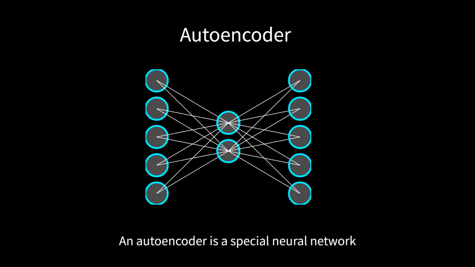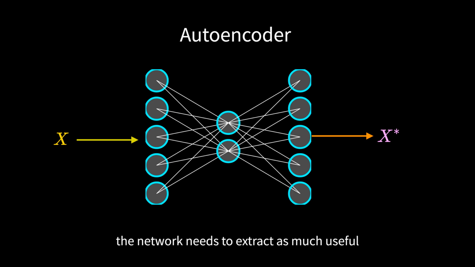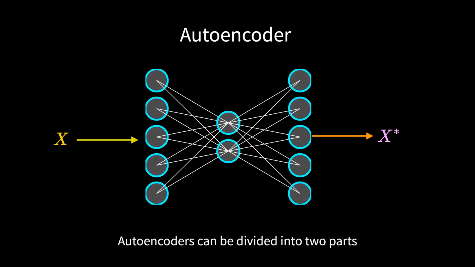An autoencoder is a special neural network structure that inputs x and outputs the same x, marked with an x asterisk. In order to try to recover x, the network needs to extract as much useful information as possible from the input.